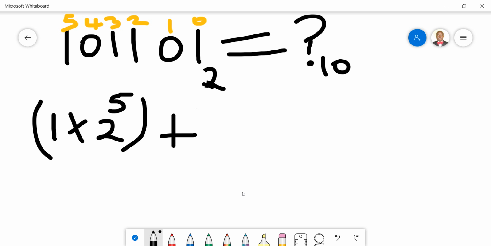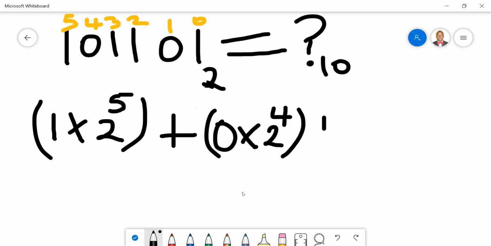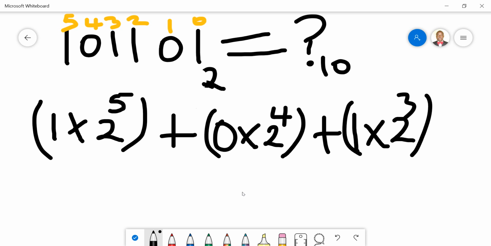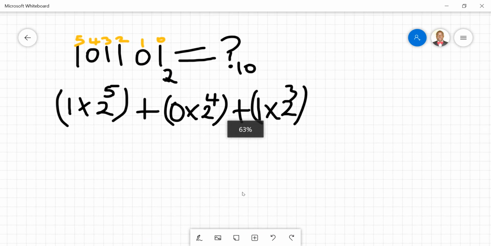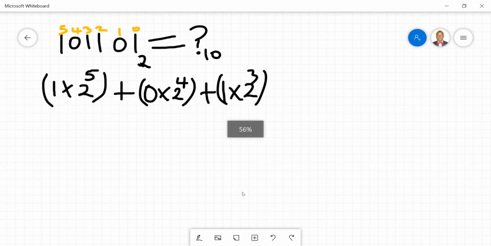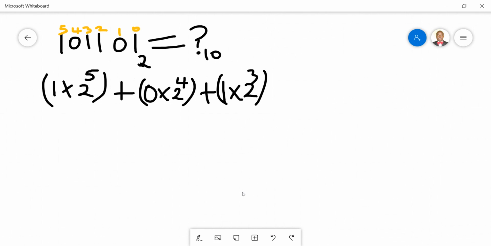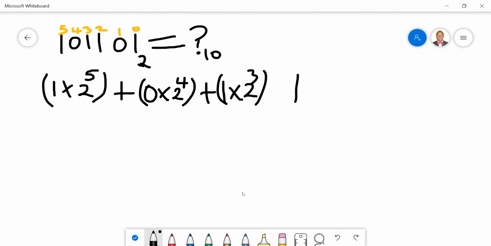plus 0 multiplied by 2 to the power 4, plus 1 multiplied by 2 to the power 3. Let me just make it smaller a little bit so that everyone can see. Let me just write it this way. I hope now you can see. Then we say plus 1 again.